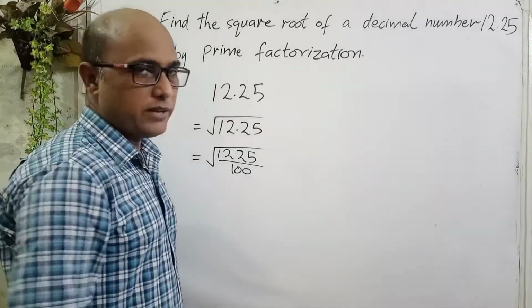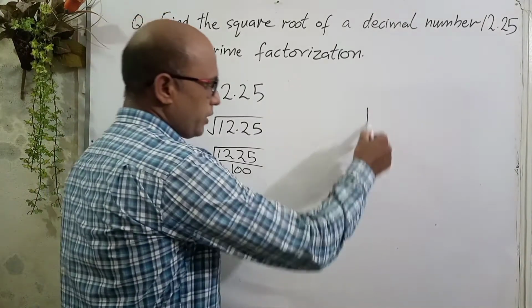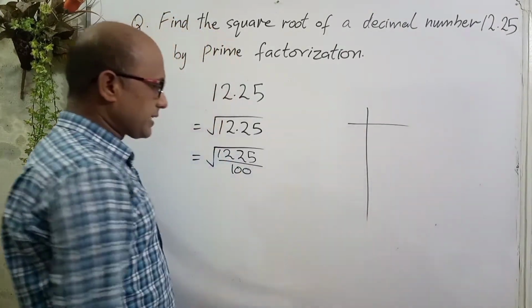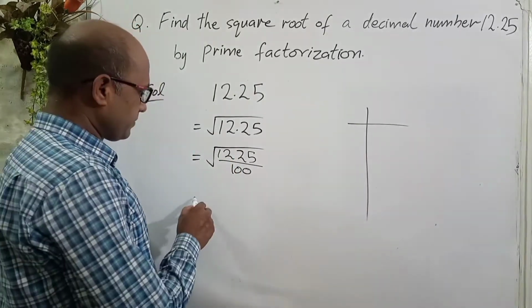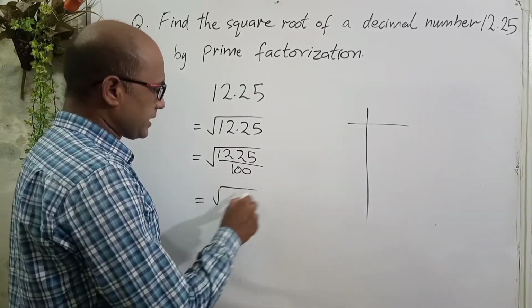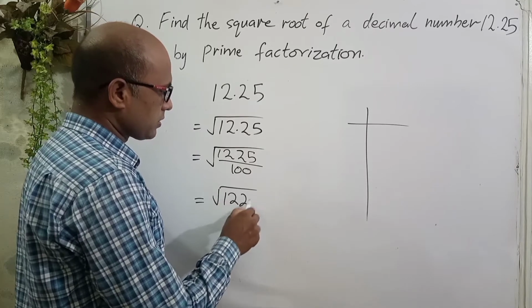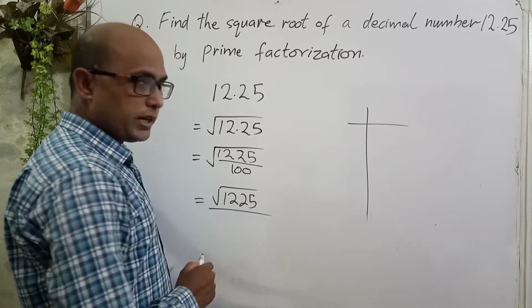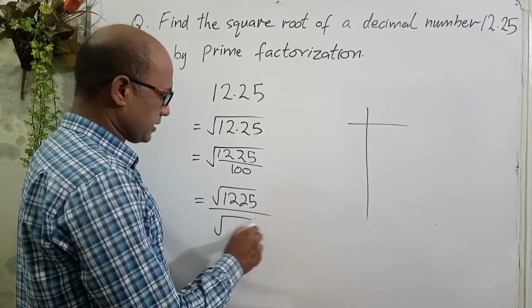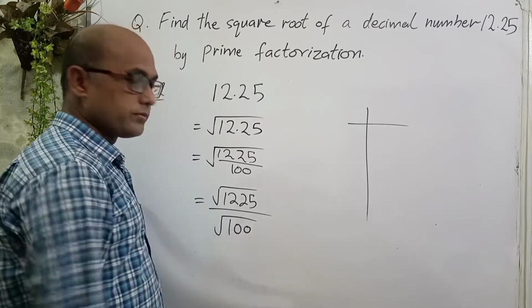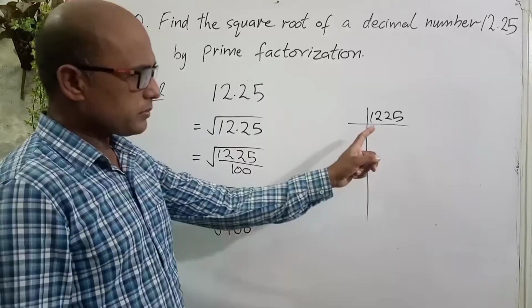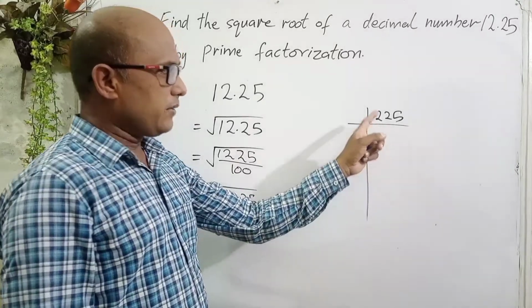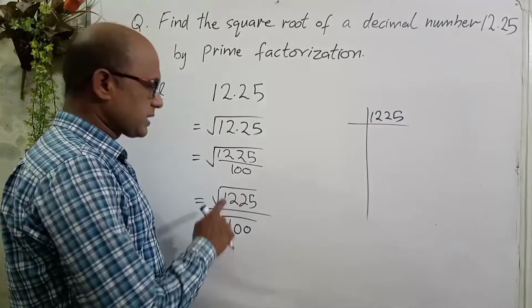Because it is prime factorization, we find the factors of both these numbers separately. So let's separate the square root on the numerator and the denominator. We have to find their prime factors. 1225 is the first number.